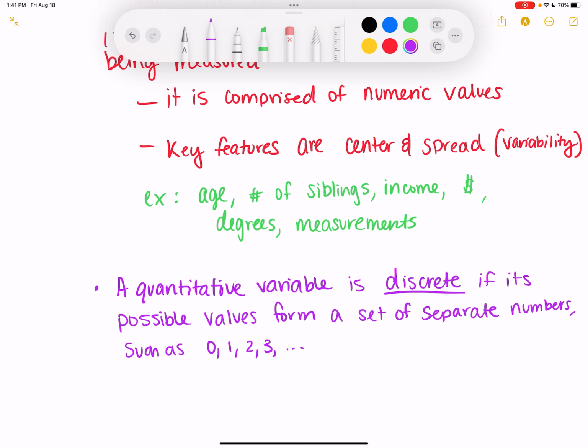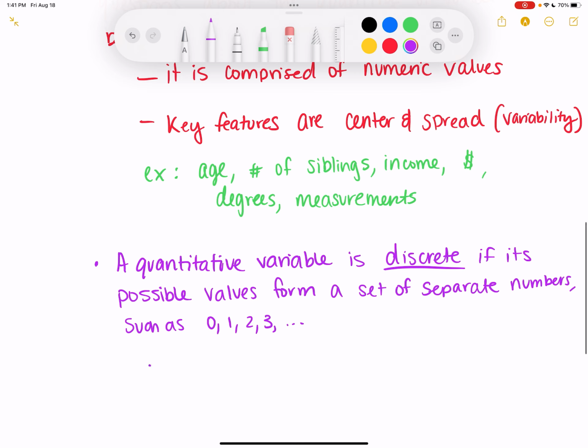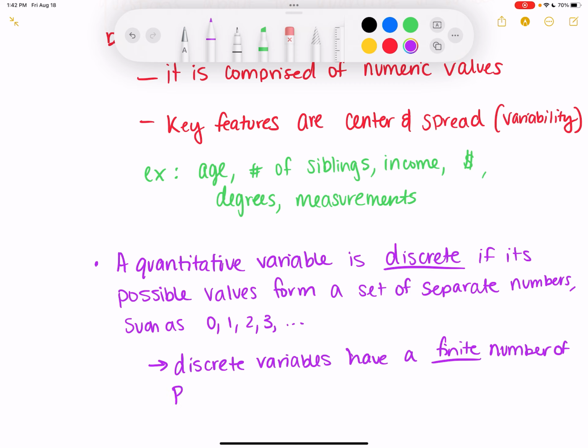Now, some people think discrete is like secretive or like quiet. That's obviously not the case in math. Basically what that means is that a discrete variable or discrete variables have a finite, okay, or like limited number of possible values.